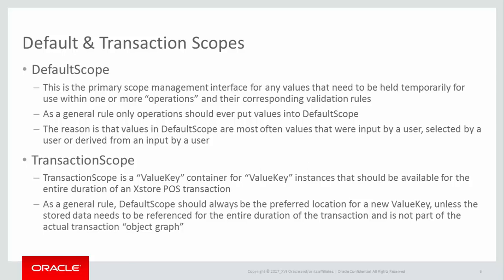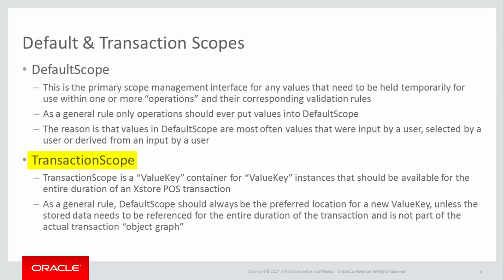There's no real reason for a validation rule or a visibility rule to be putting data into scope. Those classes should really be just looking at the data that is in scope and making a determination as to whether a menu button should be accessed or whether the data is valid and things like that. So the reason is the values in default scope are most often values that were input by a user, as just stated, selected by a user, or derived from an input by a user.